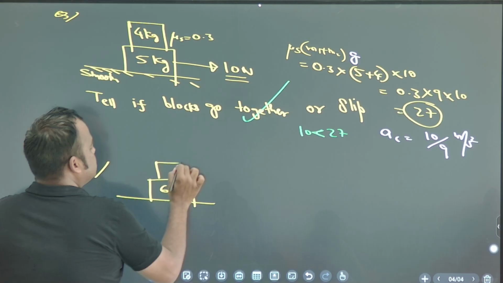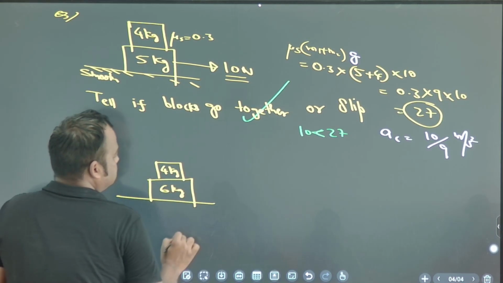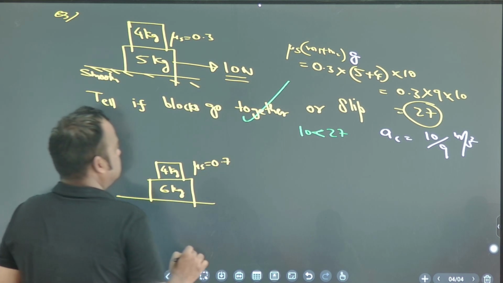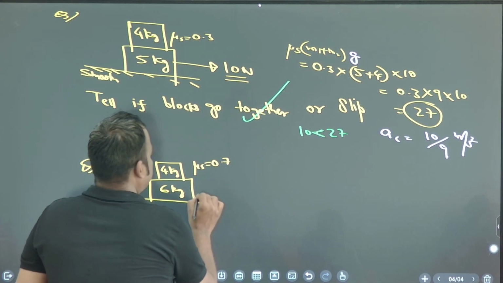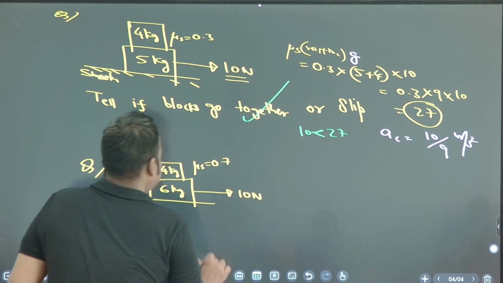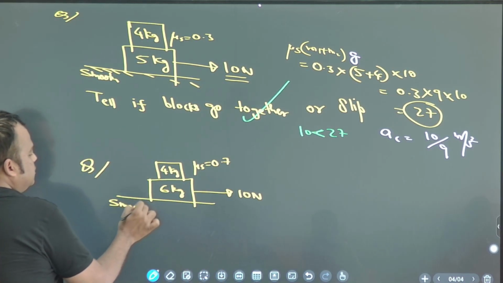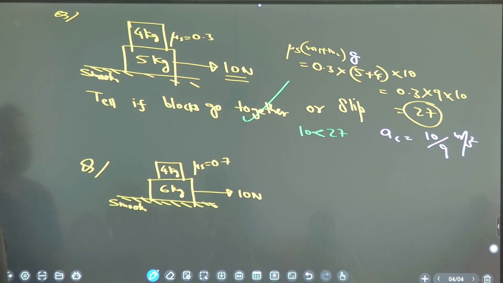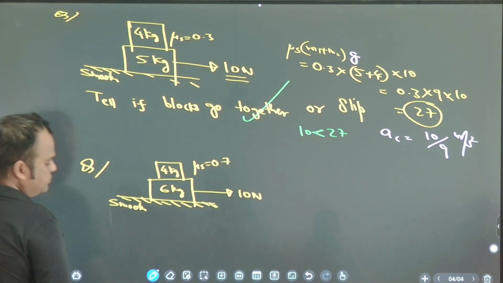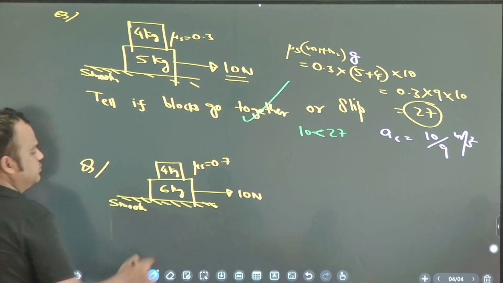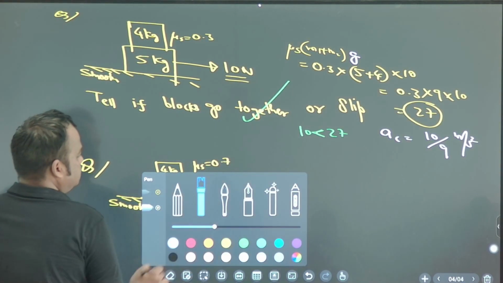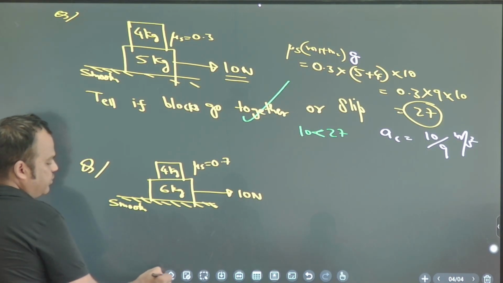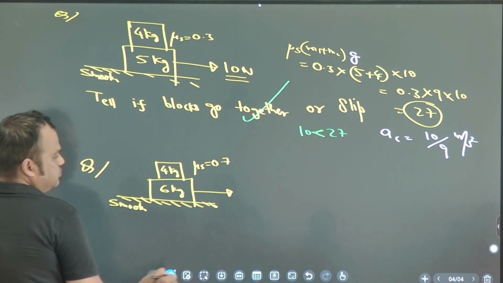This is 6 kg, this is 4 kg. Mu s is 0.7, and I am exerting 10 Newton. Do they go together or slip? They go together. Correct. Now I will change this value to 100 Newton.